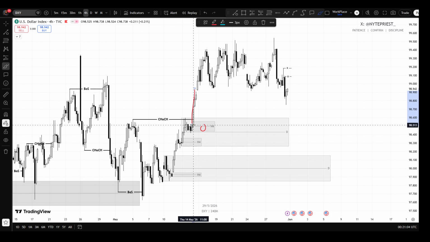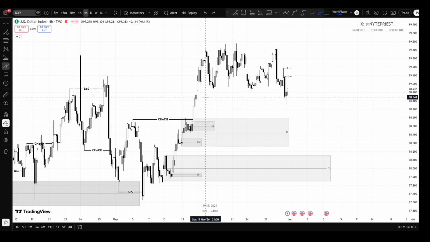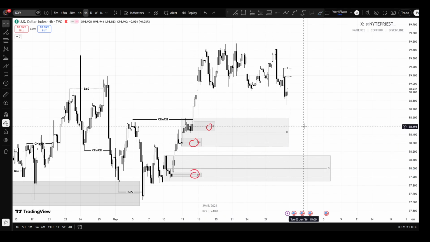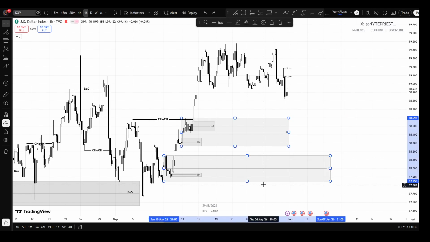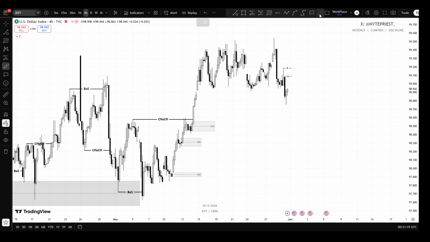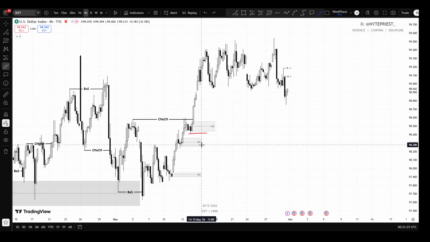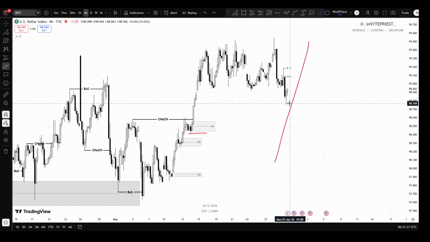After that break of structure to the upside, you can see that we have this H4 order block here, one, two, and then the third order block here. So we'll be waiting for price to sweep this low to mitigate this order block and then cause an impulsive move to the upside here to break this high on the forward time frame.